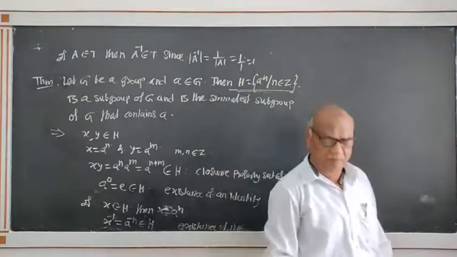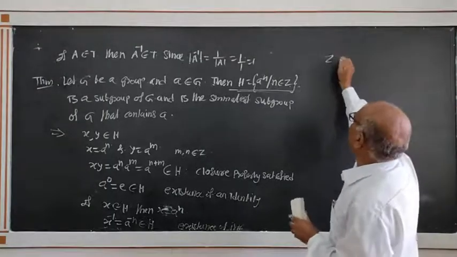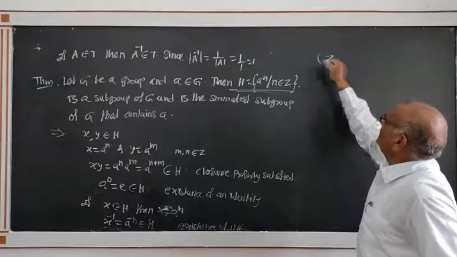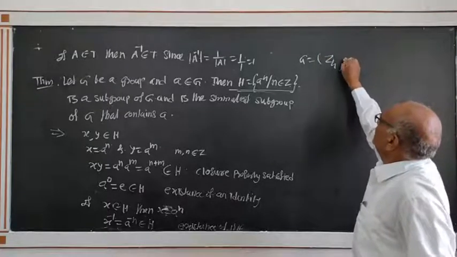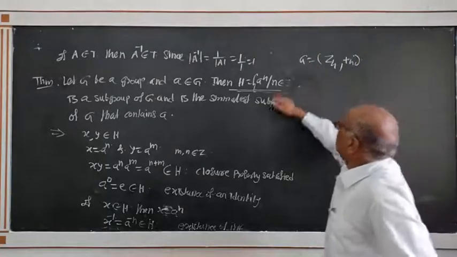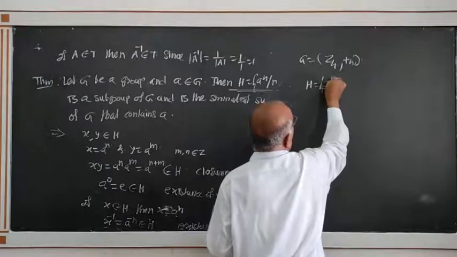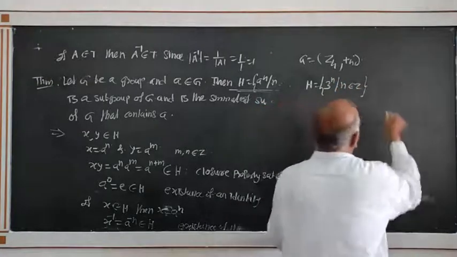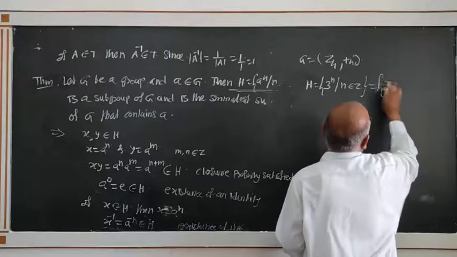And so this set is a subgroup of G. Suppose here G is equal to Z4 with addition modulo 4. Here if we take H equal to 3 to the power n, n belongs to Z, that means this can be written as 3 added n times.